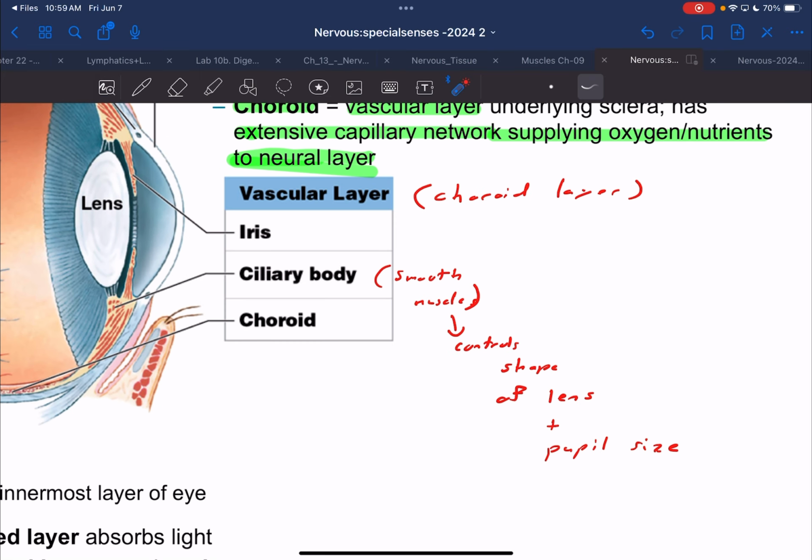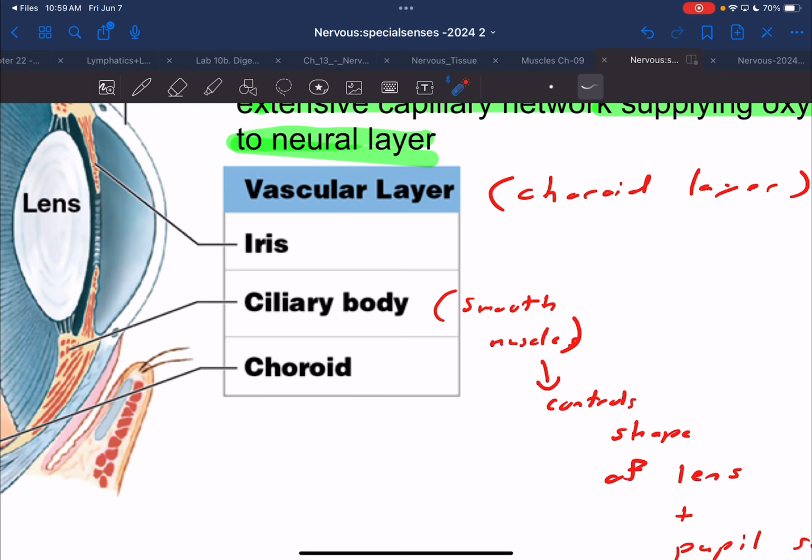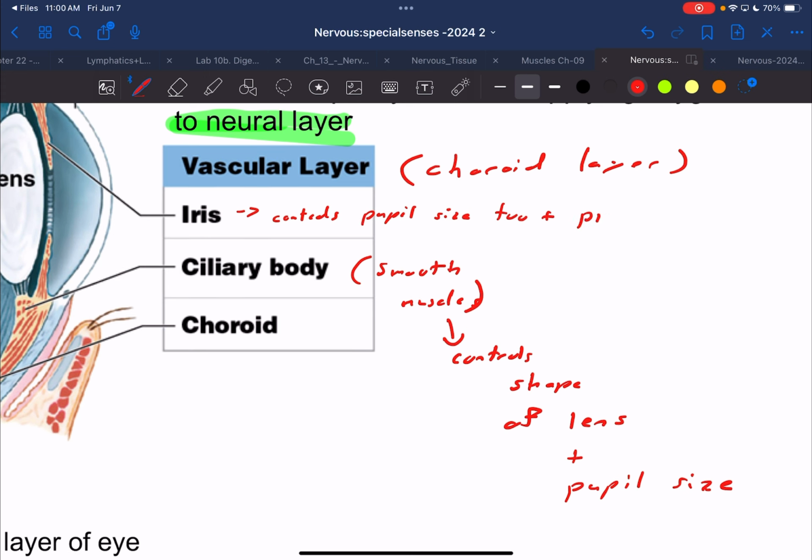That dilation, that constriction is somewhat carried out by this muscle. There's another one involved as well called the iris. And this iris is pigmented and controls pupil size too, plus it's pigmented.